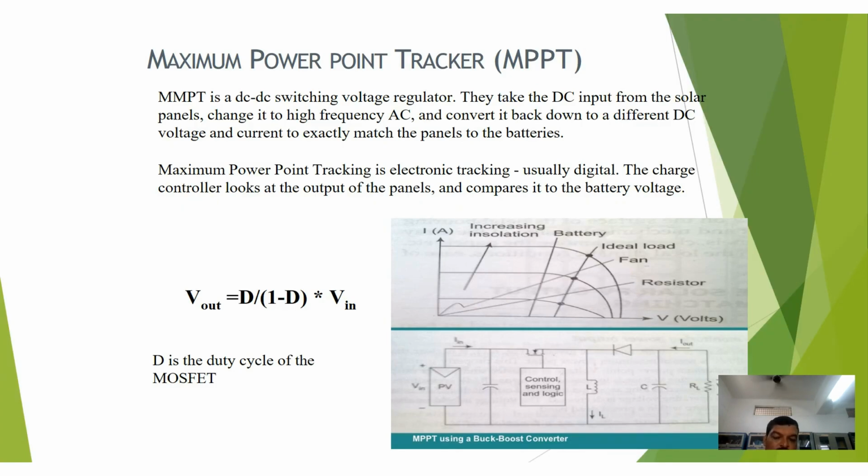Duty cycle is the ratio of T on, that is on time, by total time, that is on time plus off time of the switch, which gives the output voltage of the solar PV panel. So output voltage depends on the duty cycle of the electronic device, like a MOSFET, IGBT, or whatever electronic device we are using. That is about the maximum power point tracker.